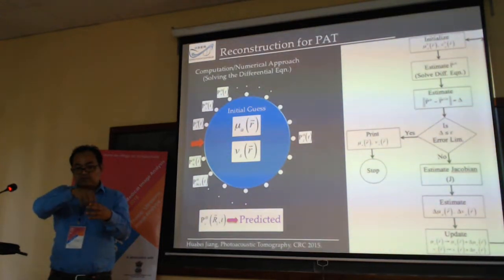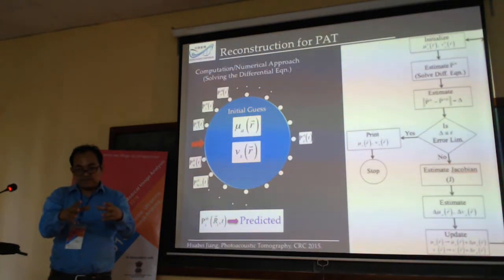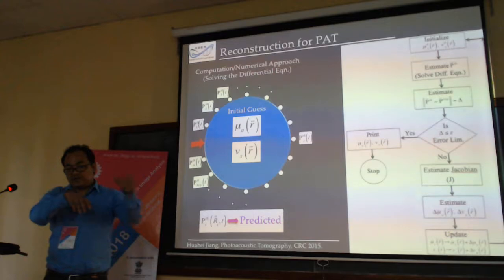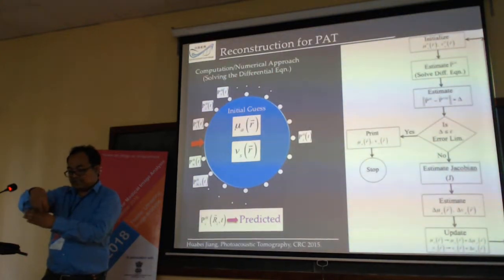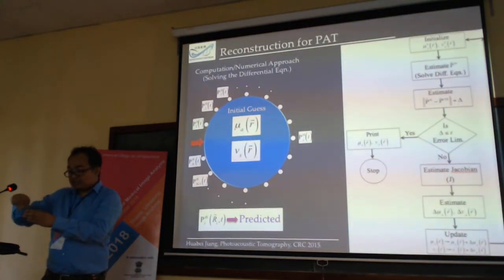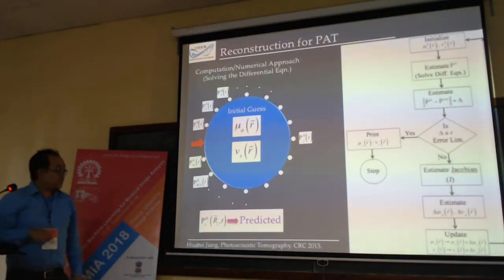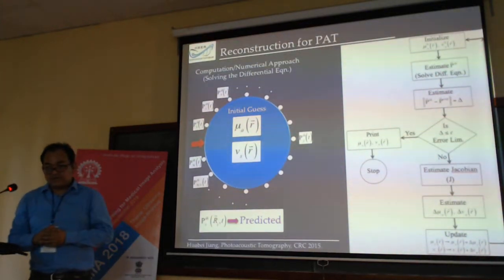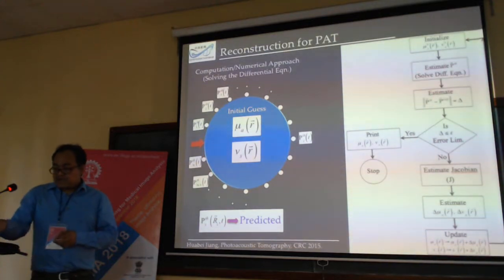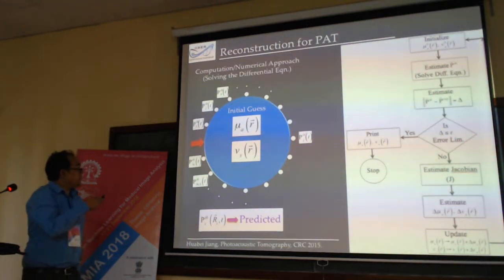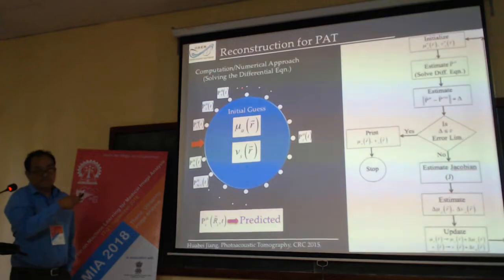Our question is how to get this. So, one set is the experimental measurement. Another is theoretical: the incident beam is there, we assume an initial guess of the distributions of mu-A and velocity, and then we solve the differential equation. From that, theoretically we estimate the signal.